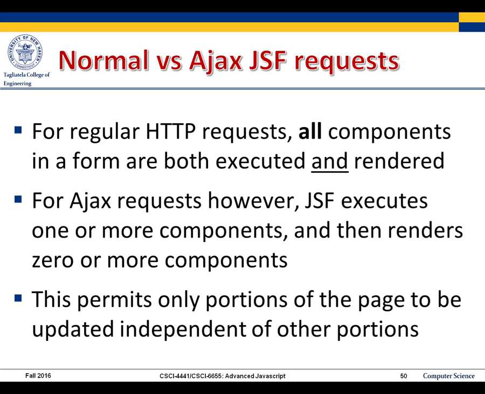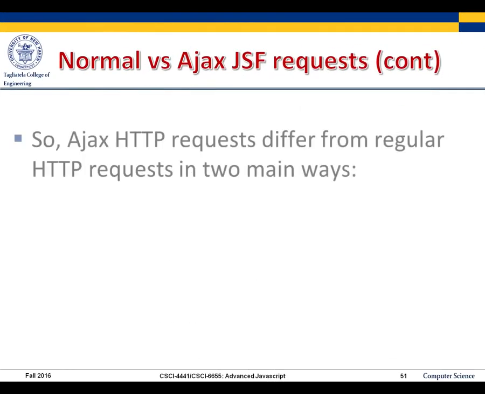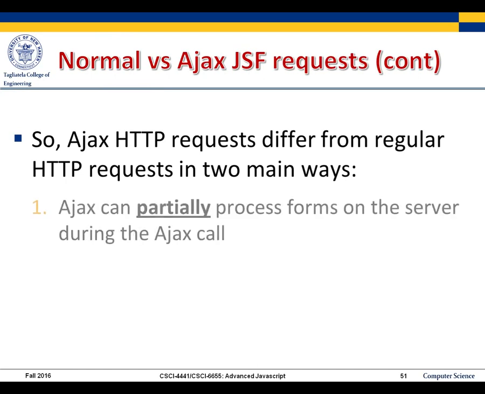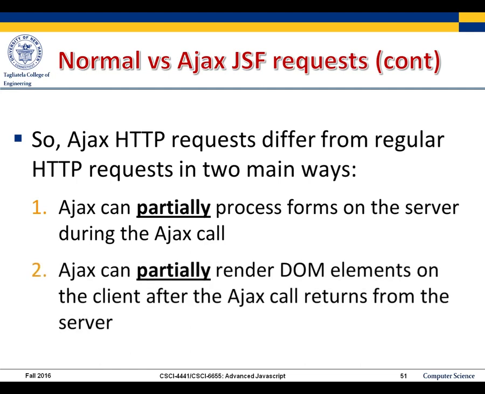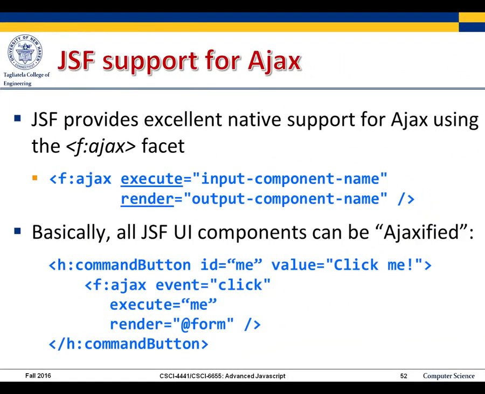Here you have a choice, and that's where you can really affect what gets transmitted and what gets updated. So Ajax can partially process the forms, and it can partially render the DOM elements on the client after the call comes back. And that's completely up to you.